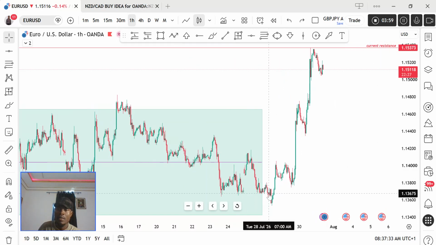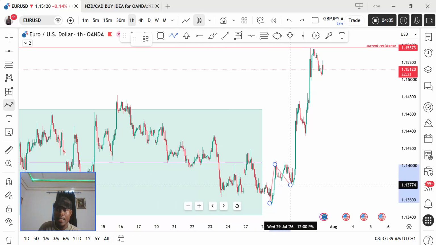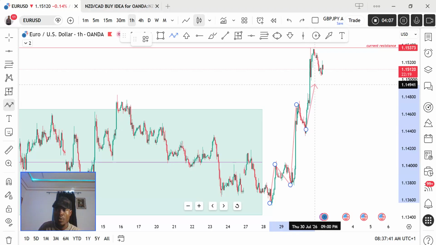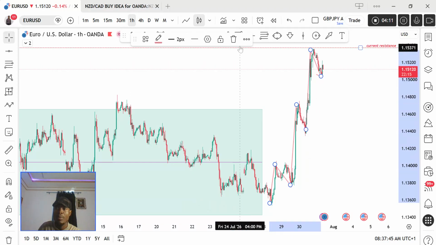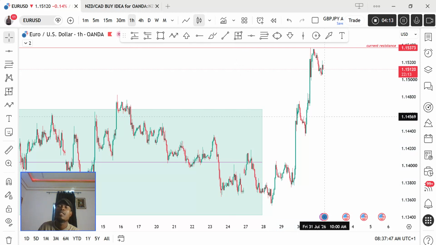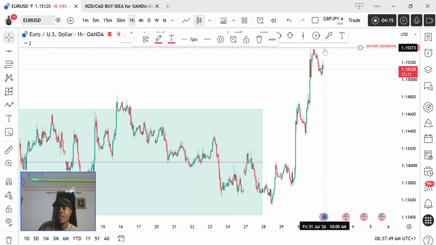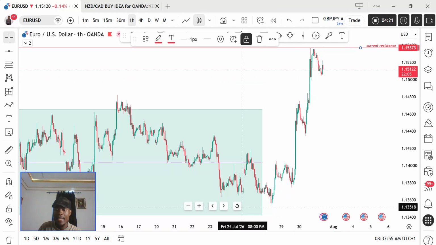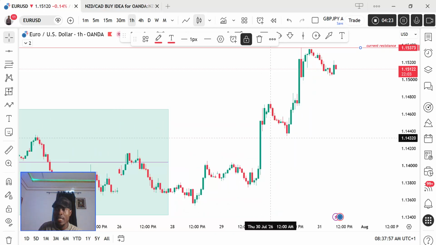We've been seeing how price has been pushing strongly from this low to forming a high here, higher low, higher high, higher low, higher high before we started seeing this pullback. So the question now is, is this the resistance level of this market? Are we likely going to see a situation where price will drop from here? Well, we can get the answer to our question when we take a clear look here.